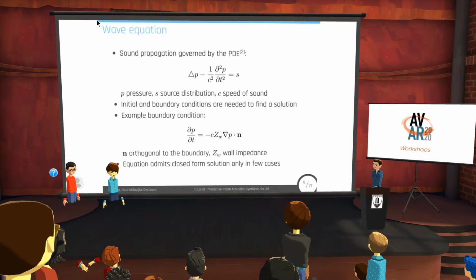Thanks, Zoran. So in order to solve this type of differential equation, one needs both initial conditions, which represent the state of the pressure field at a given point in time, and the boundary conditions, which represent the behavior of the pressure field at the boundary. The main issue here for us is that this equation, although it's quite elegant and compact, only admits closed form solutions in very few cases.